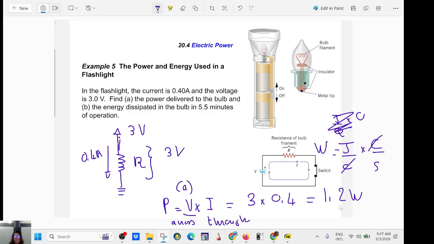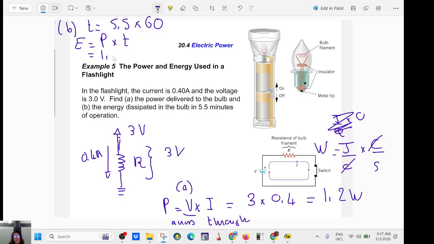Okay, did you get that? And part B, time is 5.5 minutes, which is 60 seconds each. The energy is the power times the time.